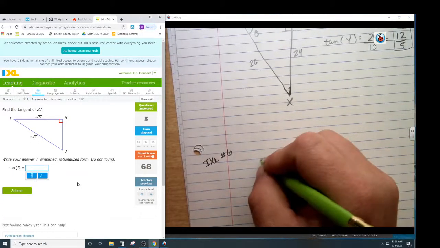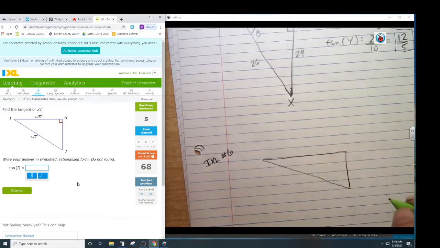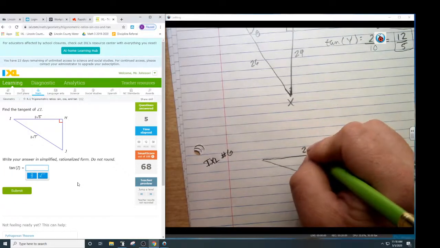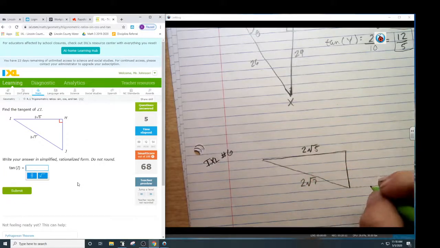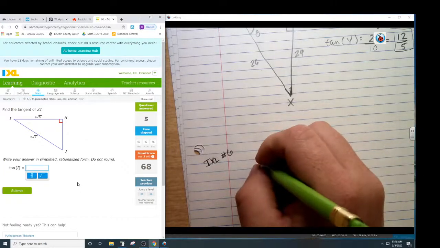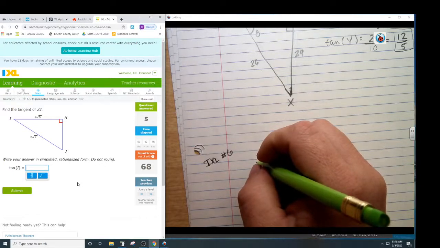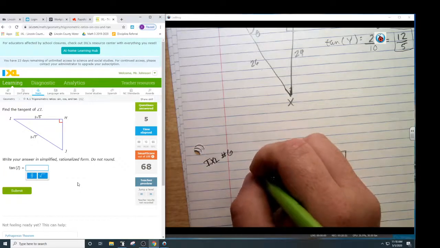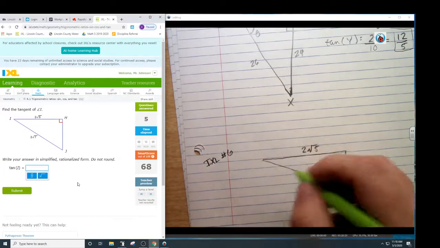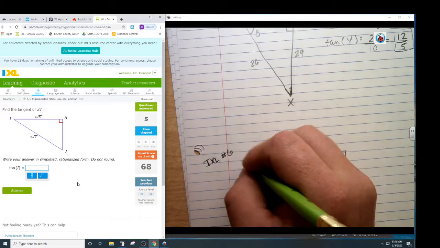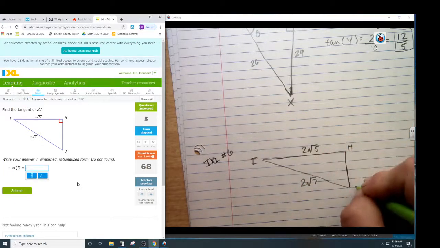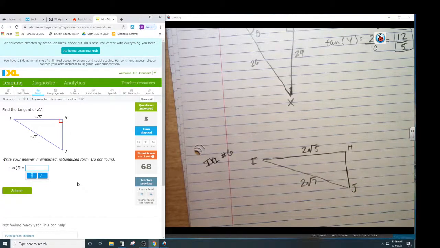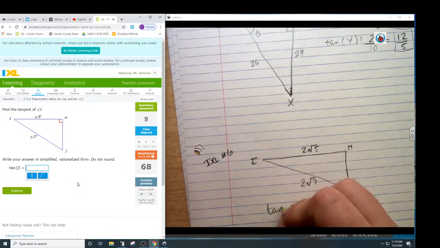We want to look at this guy. All right, so 2 square root of 5, 2 square root of 7, and we don't know what that is. Okay, so now you're going to have to solve a little bit here. The tangent of I, so I, H, J. Now, guys, here's something a little different.